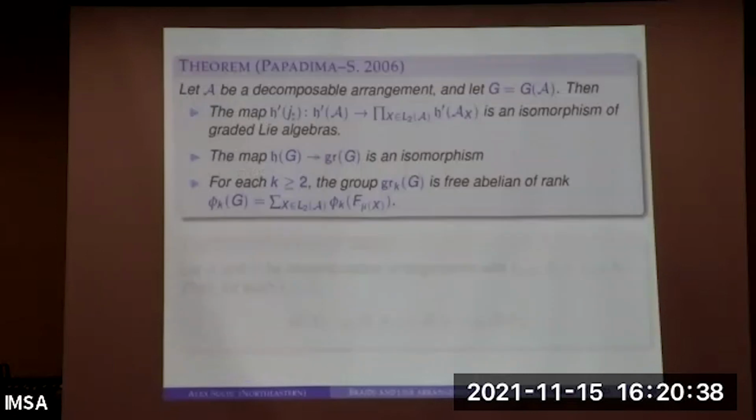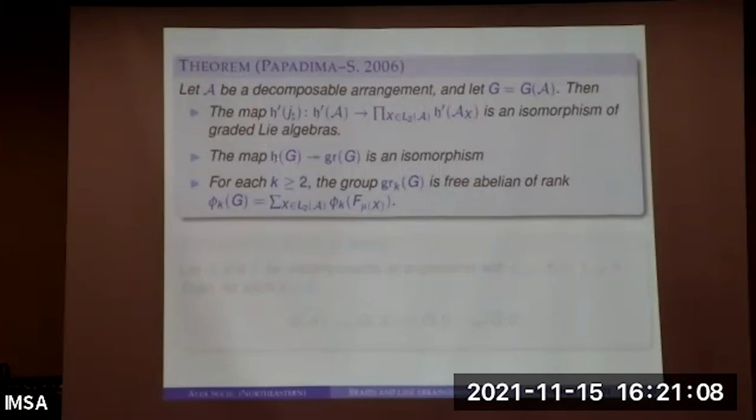Okay. So here's the theorem, kind of an old theorem. We show that if the arrangement is decomposable, then once you know the map is an isomorphism in degree 3, it's an isomorphism in all degrees. If there is no discrepancy in degree 3, then you get a perfect match in all degrees. In fact, the derived subalgebra is isomorphic to the product subalgebra.